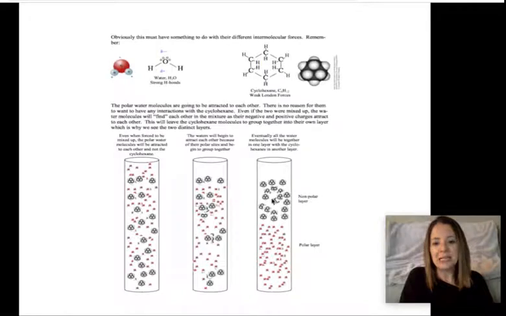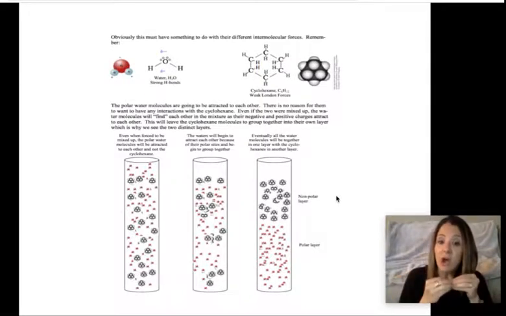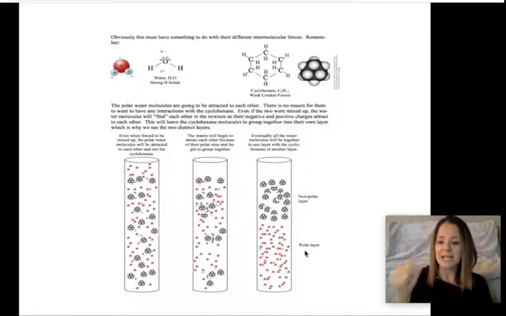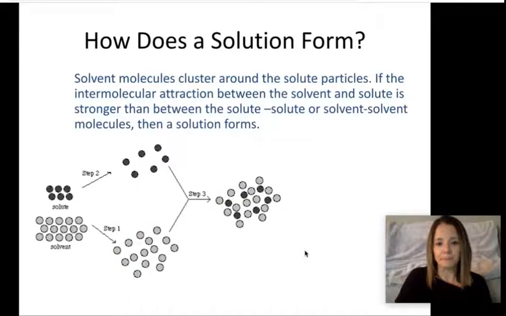In order to get two substances to dissolve, they have to have similar polarities. So we use the saying like dissolves like. Nonpolar will dissolve in nonpolar. Polar will dissolve in polar. Nonpolar will not dissolve in polar. We have to have like dissolves like.